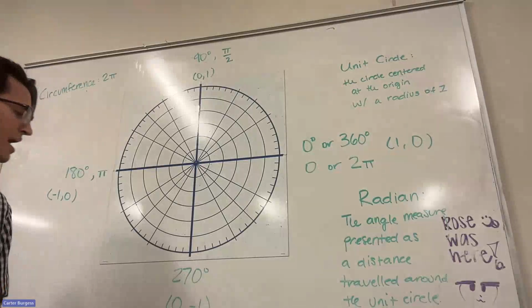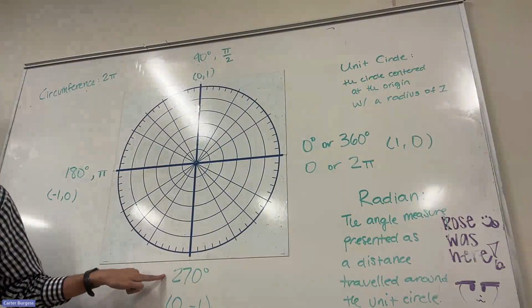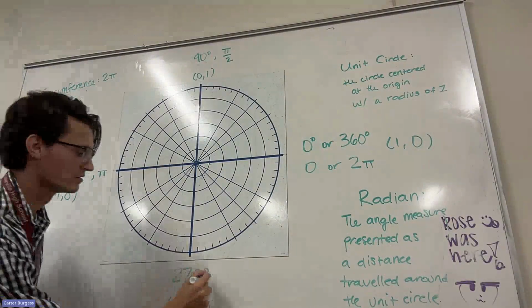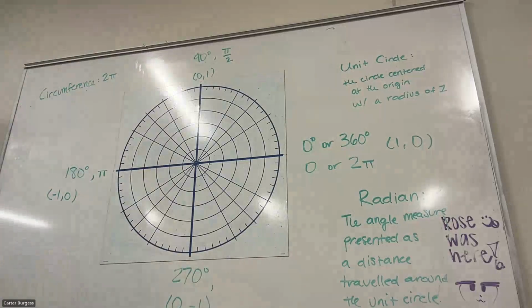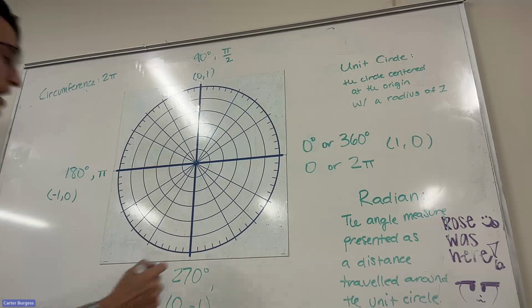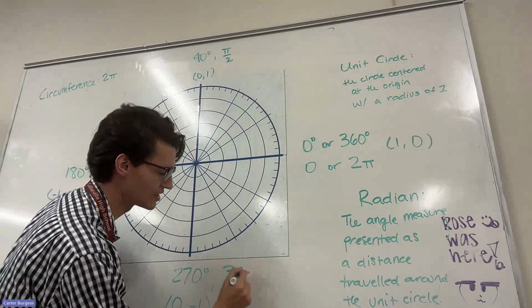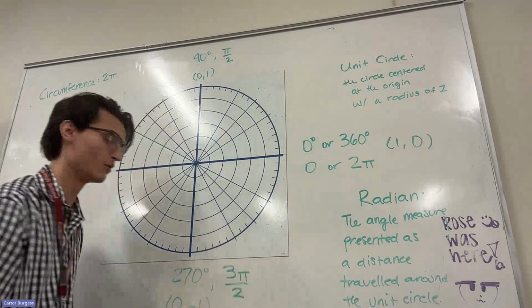All right, cool. And then what would 3/4 of the way around my circle be? Yeah, but a little bit cumbersome to think about it that way. You'll often see this written as 3 pi over 2.